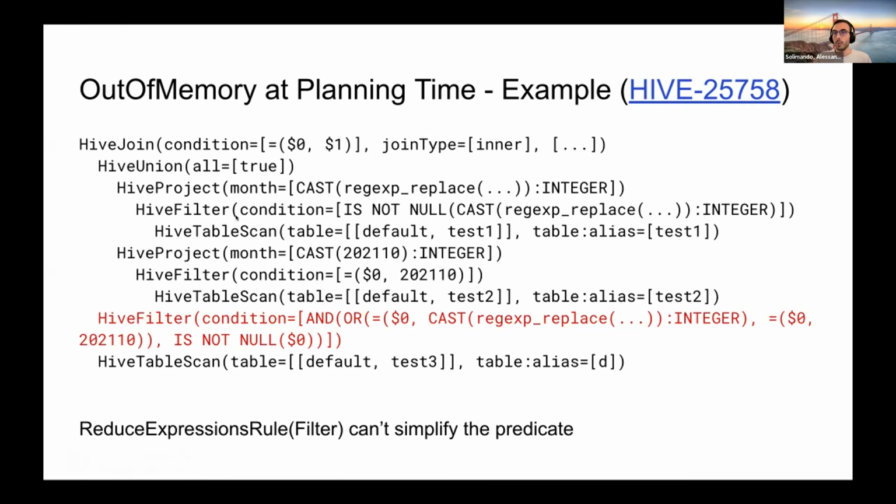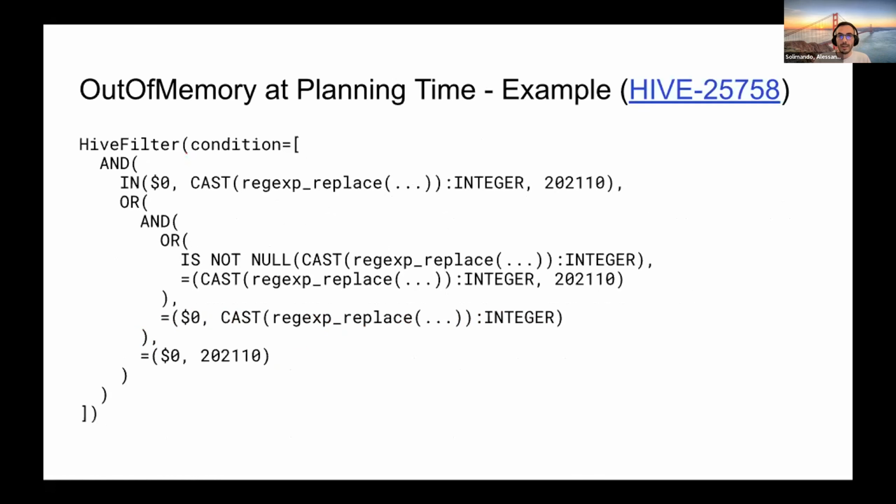Since we couldn't simplify it and we are adding more and more logical operands ending with some other predicates, we won't be able to simplify it further. And so this keeps going on, and we have filters that are growing. This is still a rather simple one, but it will keep adding more and more complexity until it blows up memory completely.